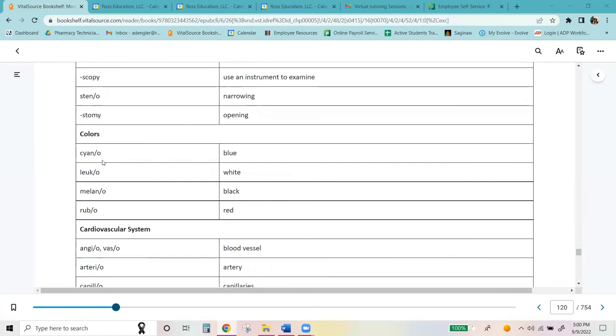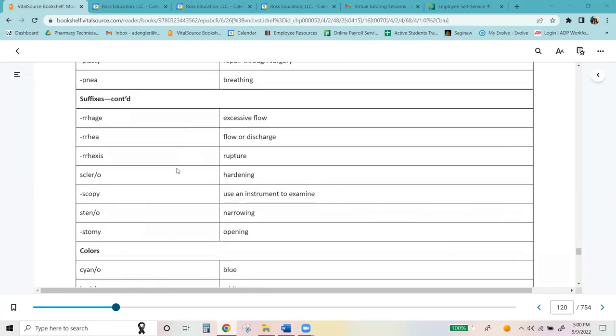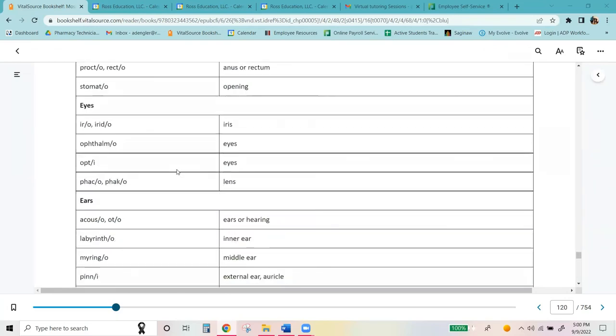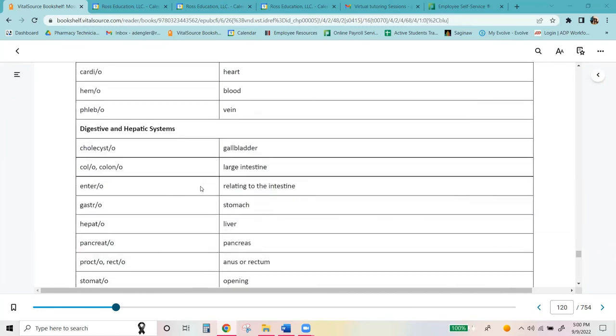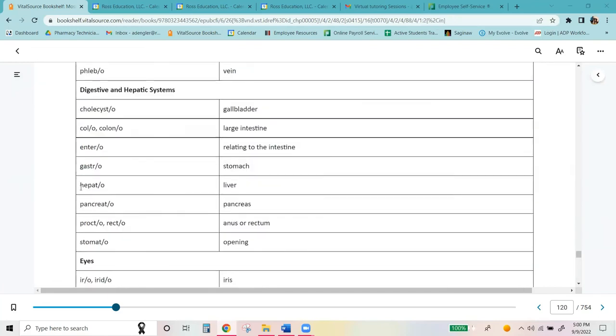Then we have colors. And then here are some of the combining forms for the digestive and hepatic system. For instance, here is HEPAT, hepat, and then O; that's talking about the liver.